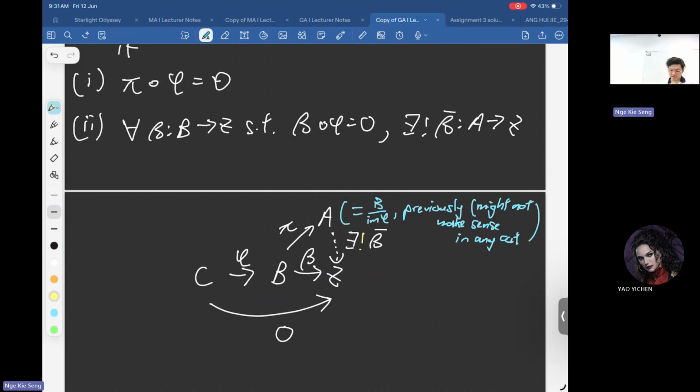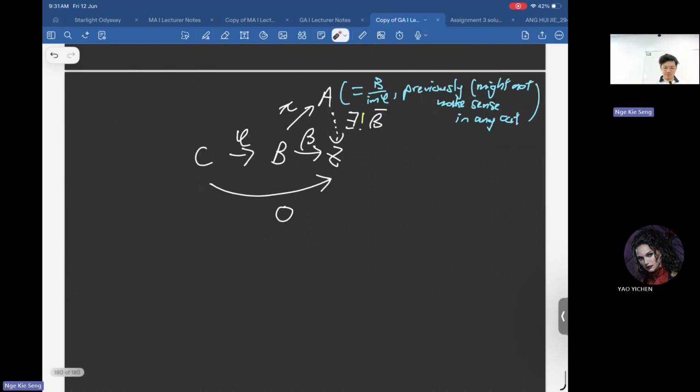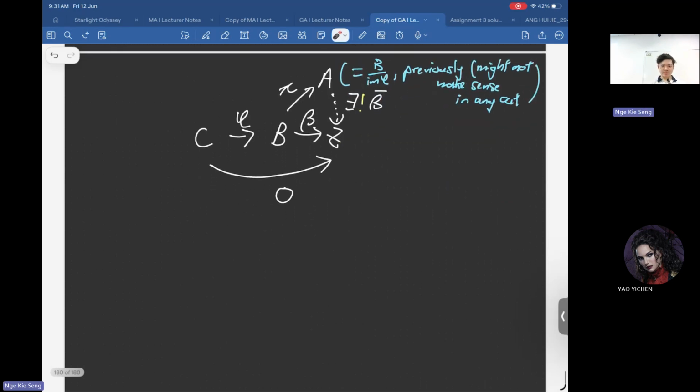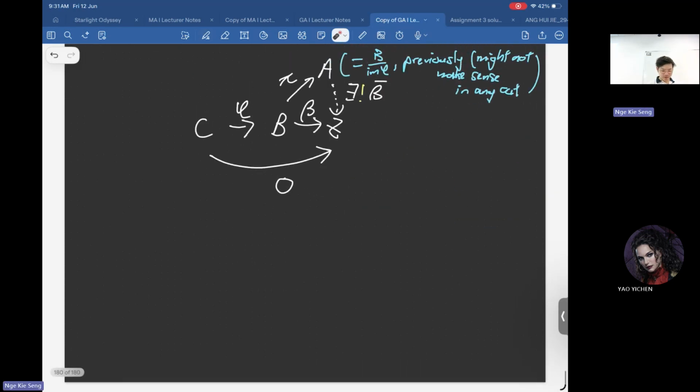Further quotient, I would say. Maybe you quotient more than the image of phi. Okay, anyway. Maybe let's see more, then maybe we have more ideas. Okay, so these two are closely related to two concepts.